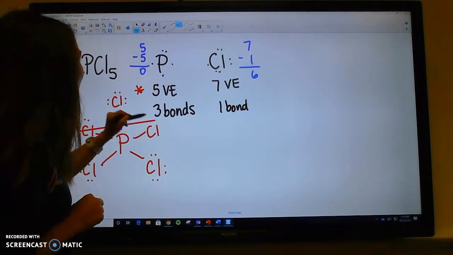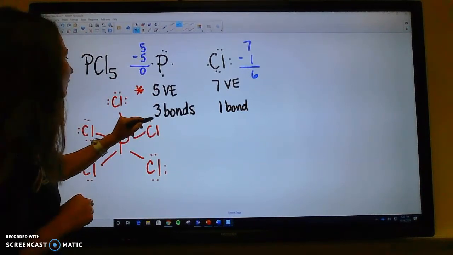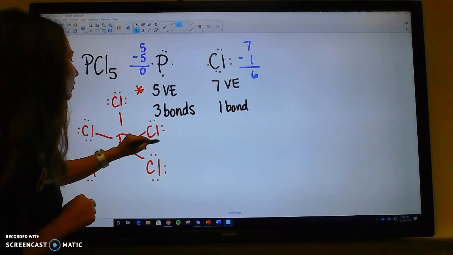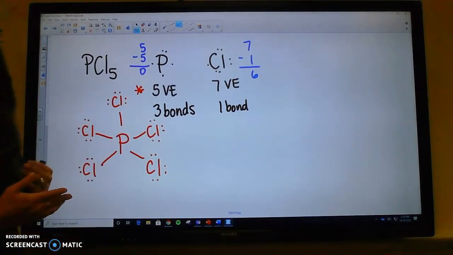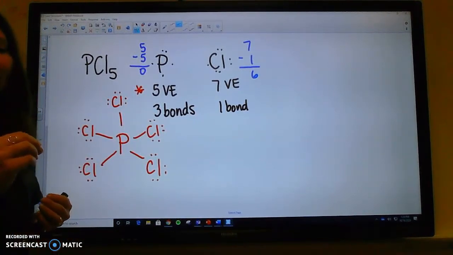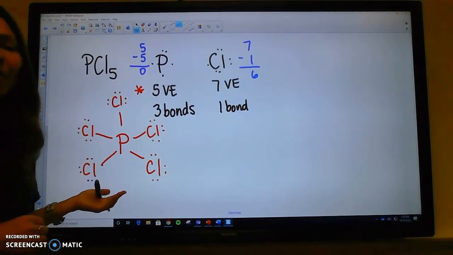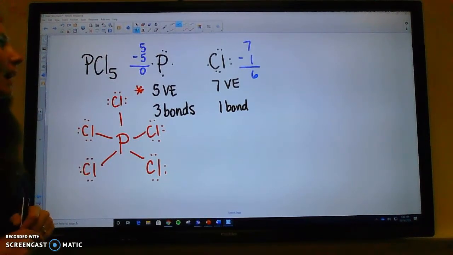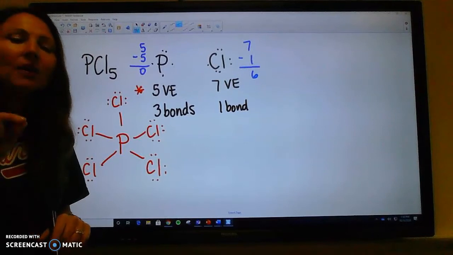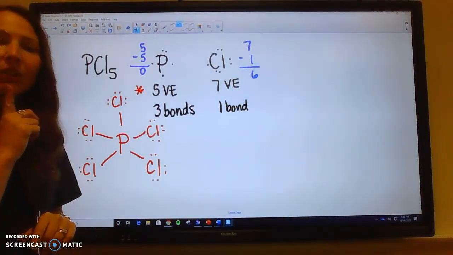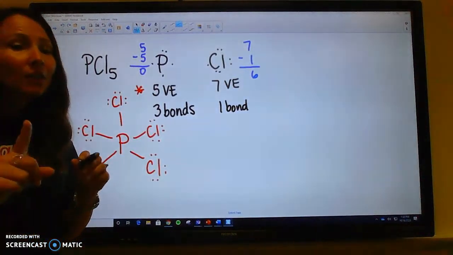The main thing that I want you to get from this part of the unit is drawing the structures, figuring out how many dots are left over and how many bonds something forms. And by the way, you can look at the number of single dot electrons, or you can actually look at the charge.